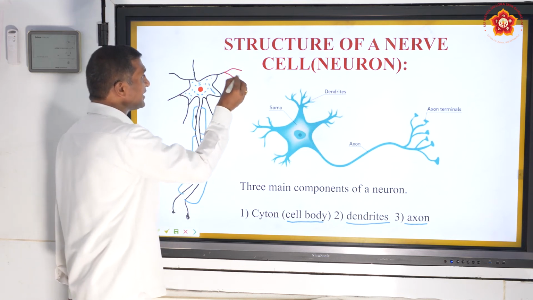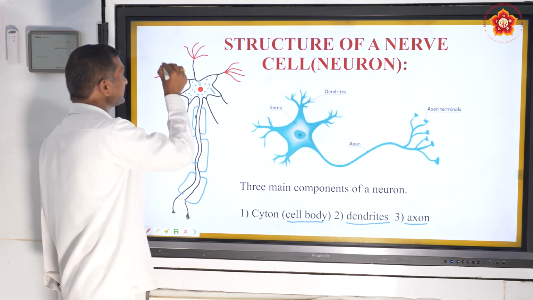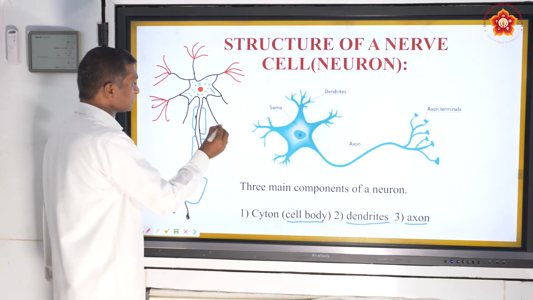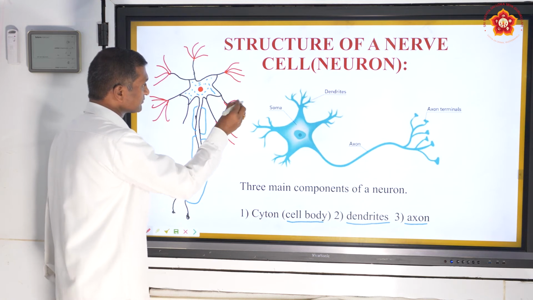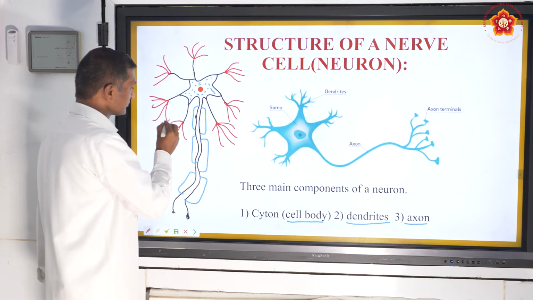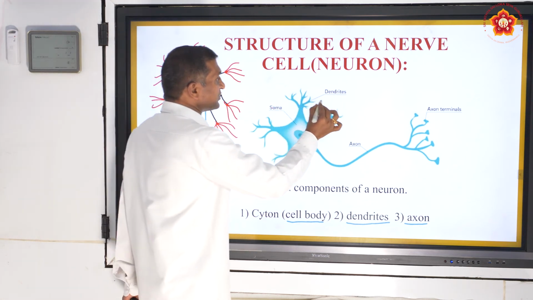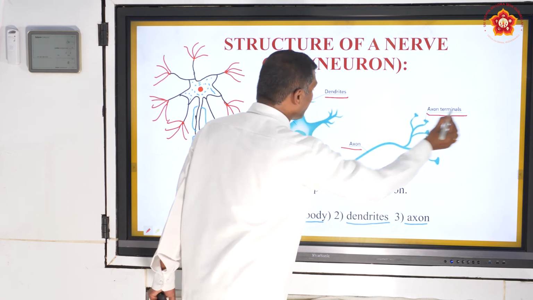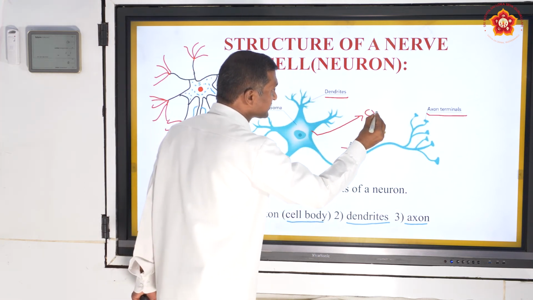You are observing the finger-like projections called dendrites. So dendrites, axon, the terminal of the axon, and here you see the cell body or the cyton.